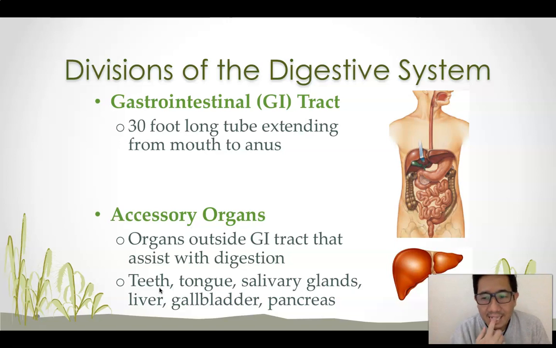Your teeth, your tongue, anything that's not part of the main tract: mouth, esophagus, stomach, small intestine, large intestine, sigmoid colon, and then anus. Anything outside of that main tract is considered an accessory organ. Your teeth, your tongue, your saliva glands, your gallbladder, your liver, your pancreas, all of those are considered accessory organs.